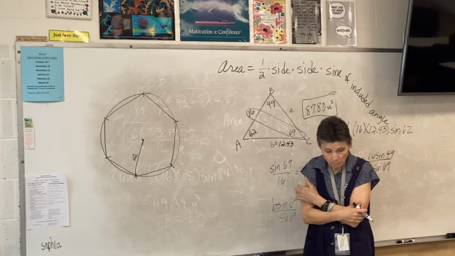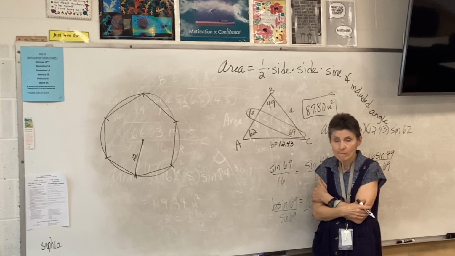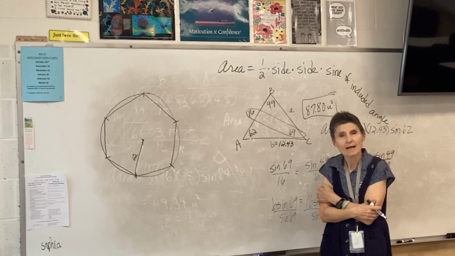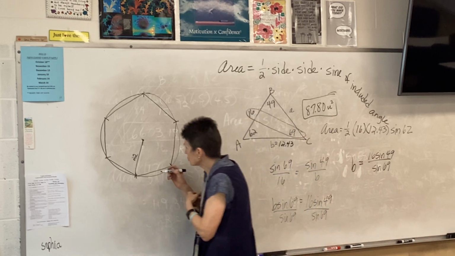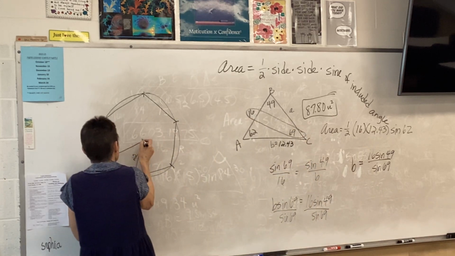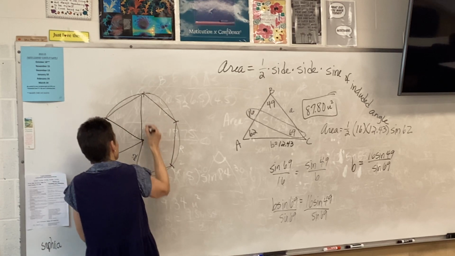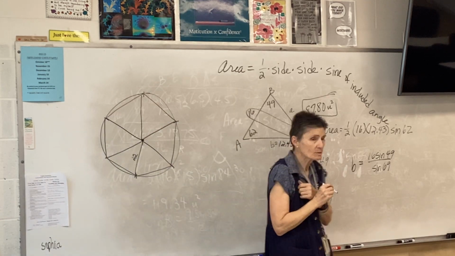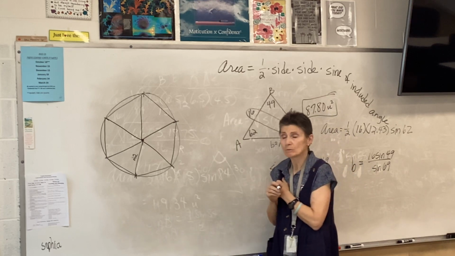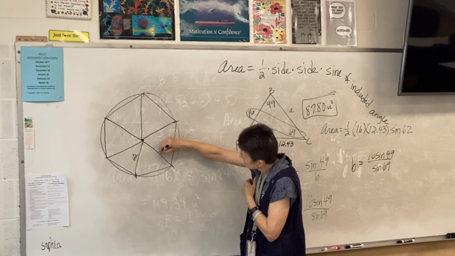So what I'm going to do is divide that hexagon up into 6 triangles. Now all those little segments I just drew are 22s.